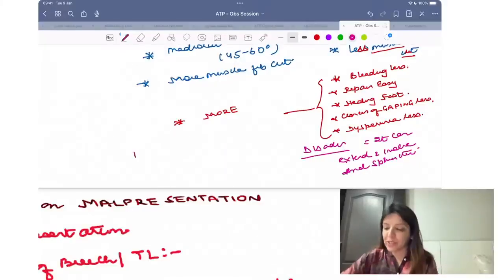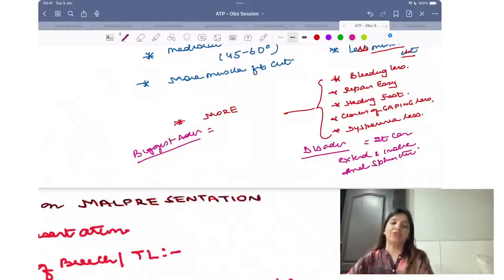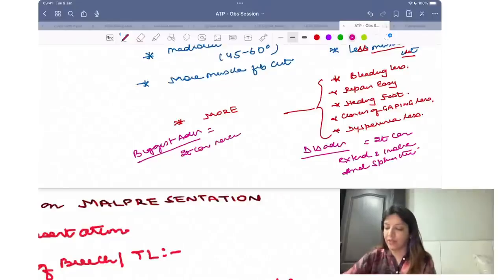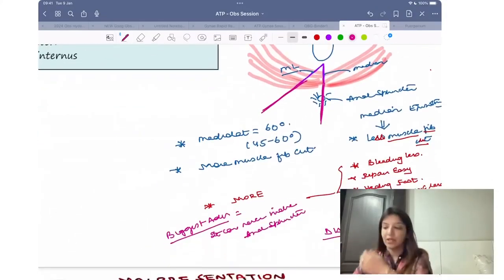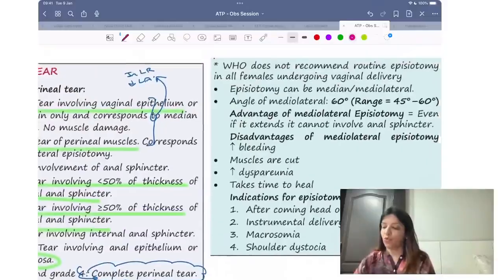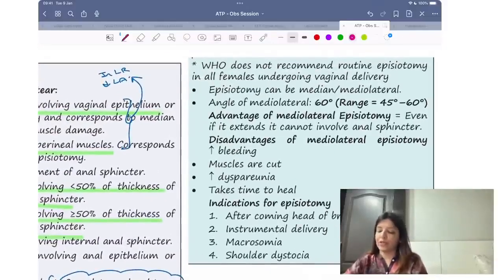Whereas the biggest advantage of mediolateral episiotomy is it can never involve the anal sphincter. Okay? All of you got this? So the same thing I have written over here. Advantages of mediolateral episiotomy: even if it extends, it cannot involve the anal sphincter. Disadvantages of mediolateral episiotomy, I have written here.